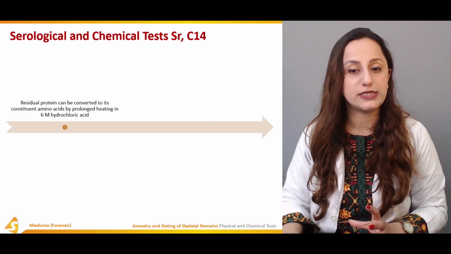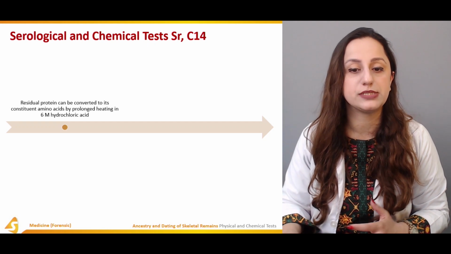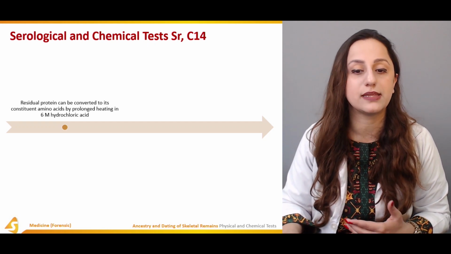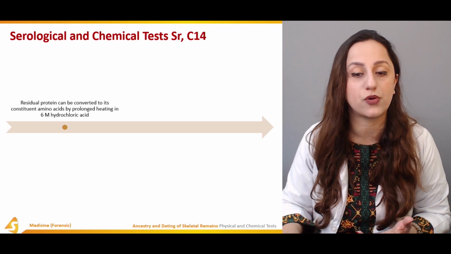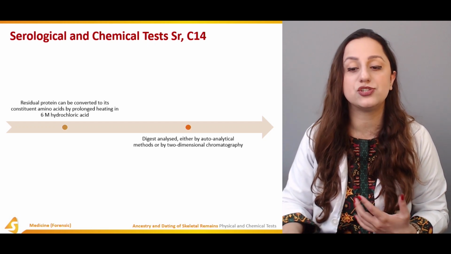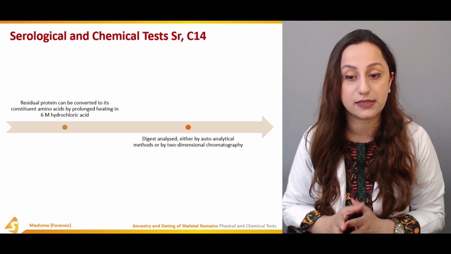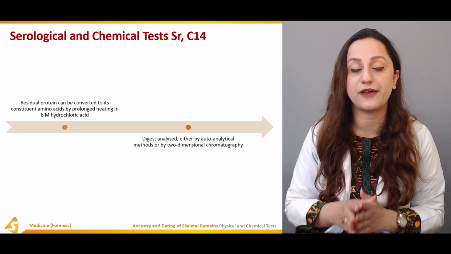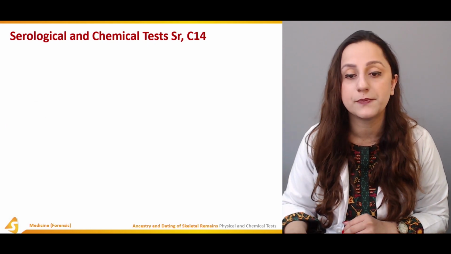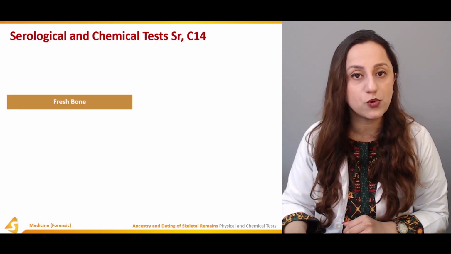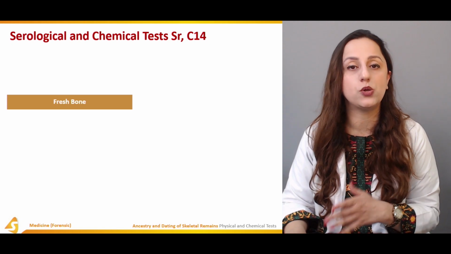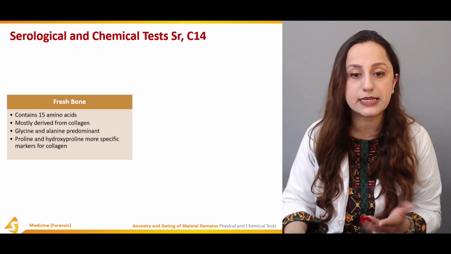Now, the residual proteins can be converted to their constituent amino acids by prolonged heating in 6 molar hydrochloric acid, and they're digested and analyzed either by autoanalytical methods or by two-dimensional chromatography methods which were devised. The fresher bones, if we compare them with the older bones, have their own characteristics.